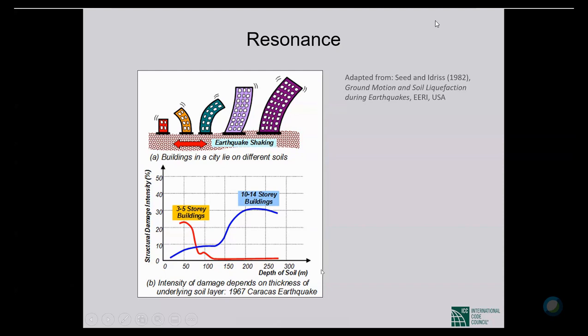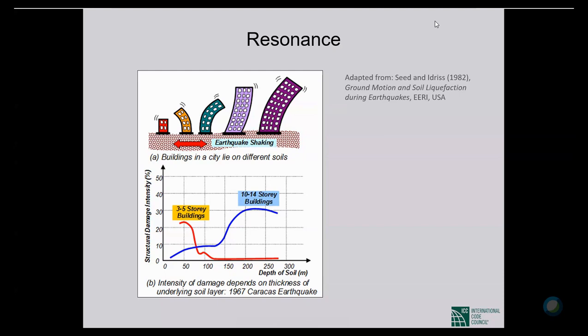So the deeper soil means we are looking at soft soil effects. Okay, if the depth of soil is very shallow, that means that your structure is on rock or very close to being on rock.